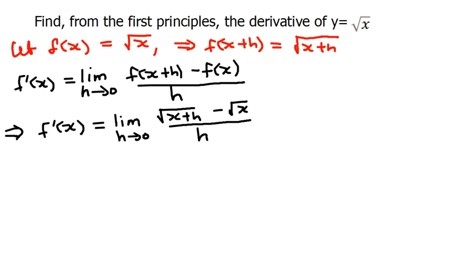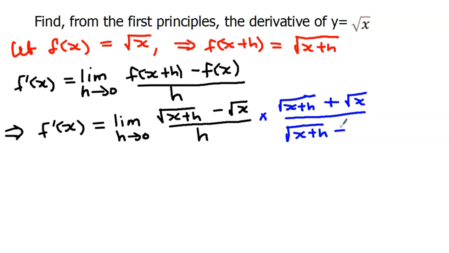As we are rationalizing, I'm just going to take it from here because of the space. We are multiplying by the conjugate, which is the opposite of that. So we multiply here by the conjugate, which is root x plus h plus root x, and we do the same thing at the bottom.